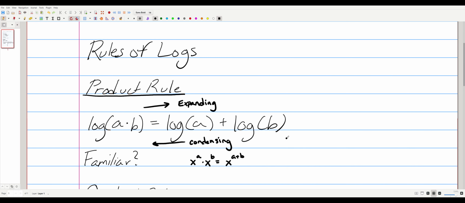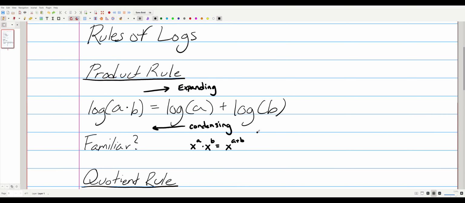Notice we're multiplying two exponents, and what do we do with the powers? Well, we add them together. And here you can see that we're multiplying two arguments of the log, and that turns into addition. So hopefully you can use the rules of exponents, because you're probably more familiar with them at this point, to remember the product rule of logarithms.